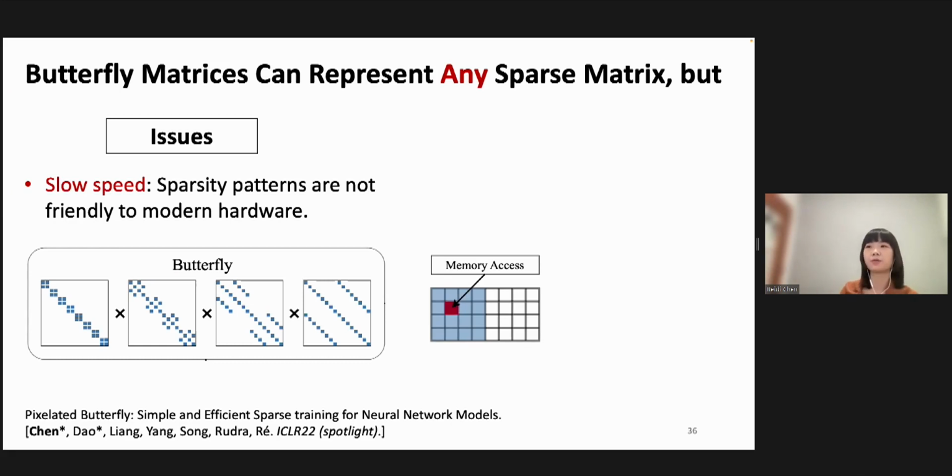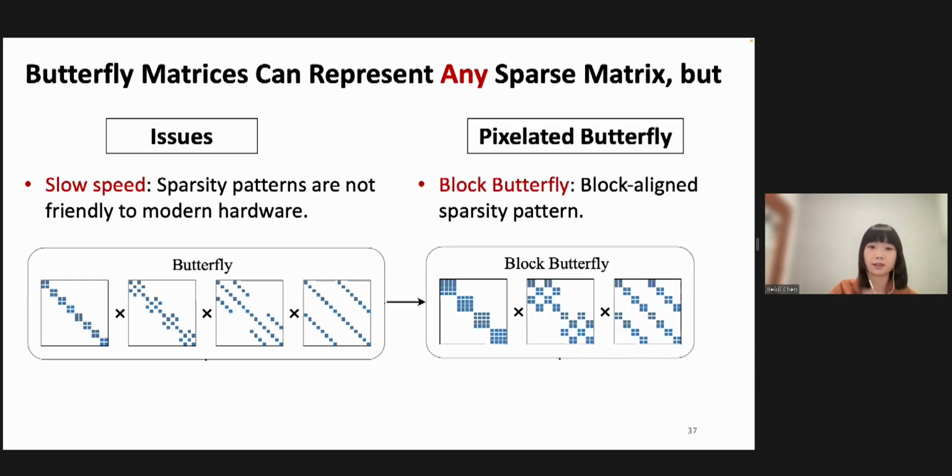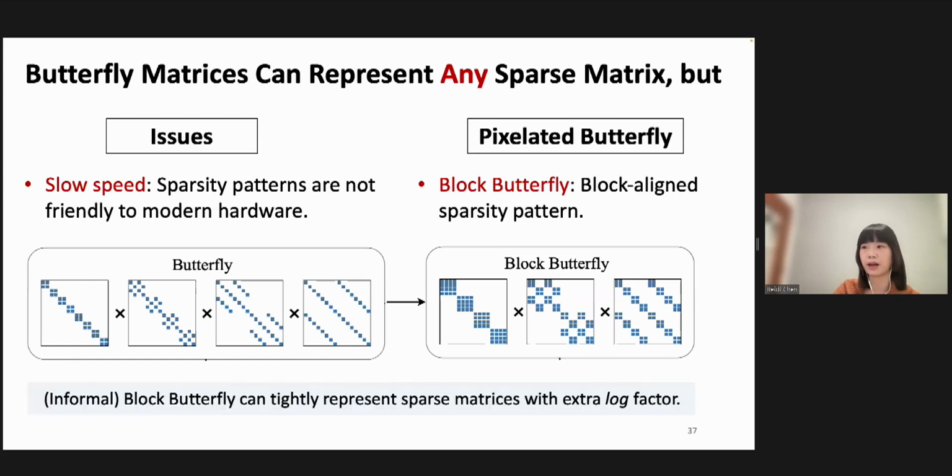We want this block size to be at least 32 for GPU or 128 for TPU. So this sparsity pattern currently is not efficient. A simple fix is we can directly reparameterize them with this constant, like 32 or 128, depending on the block size you want. We can still tightly represent any sparse matrix with this extra log factor. It's a constant, it doesn't change anything.